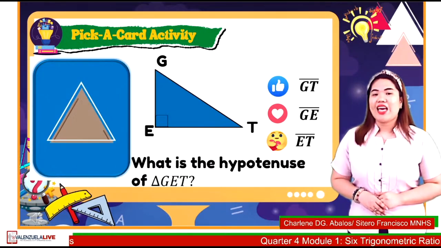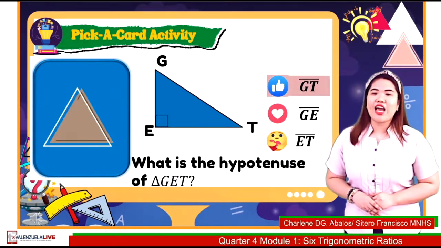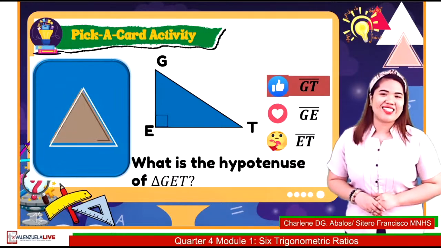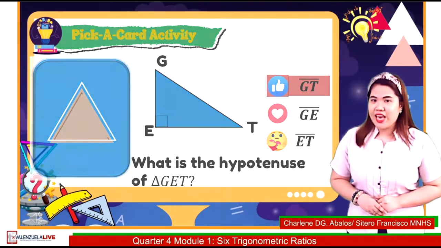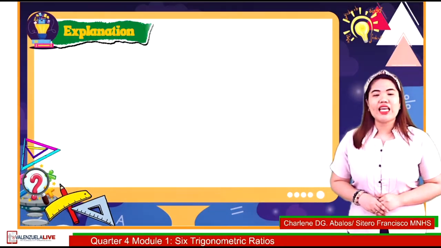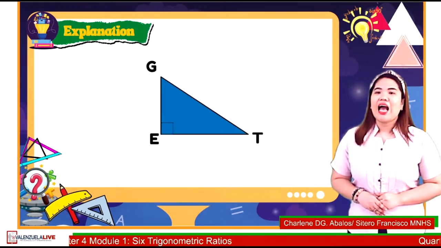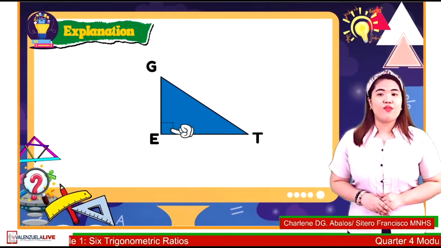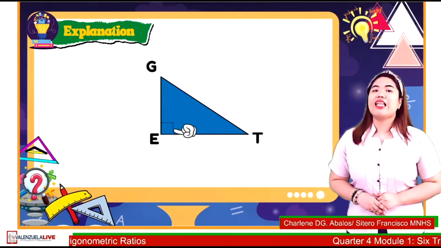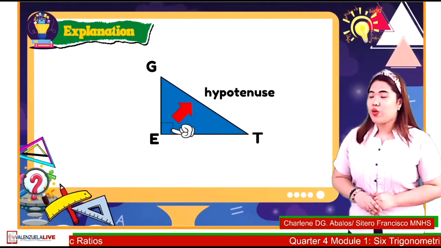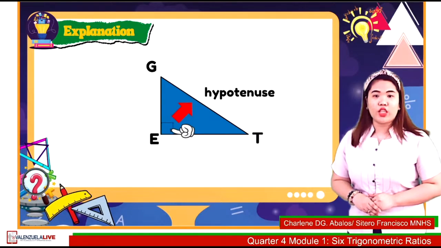Time is up. If you click like reaction, then you are correct. Given the triangle GET, angle E is a right angle, and the side opposite to it is called hypotenuse.